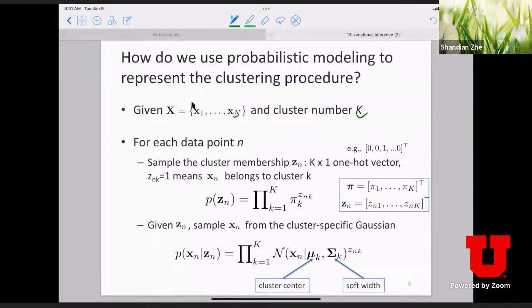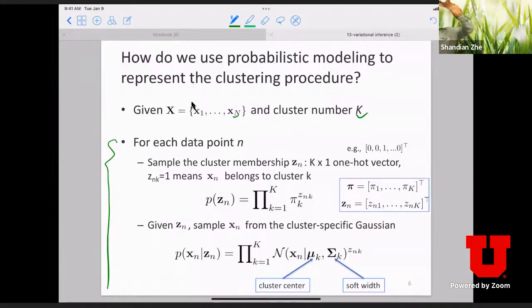In our probabilistic version of k-means, we use the following generative or sampling procedure to determine the generation of the cluster membership for this data point, and also the data point itself.